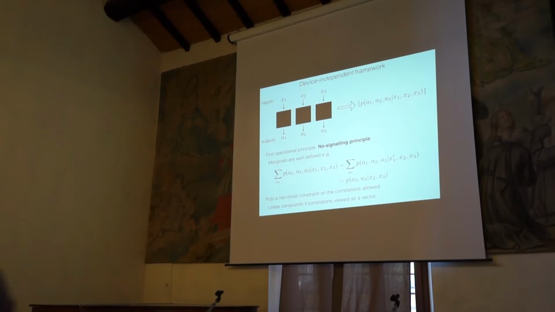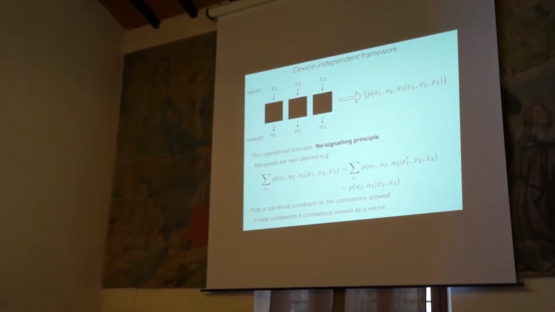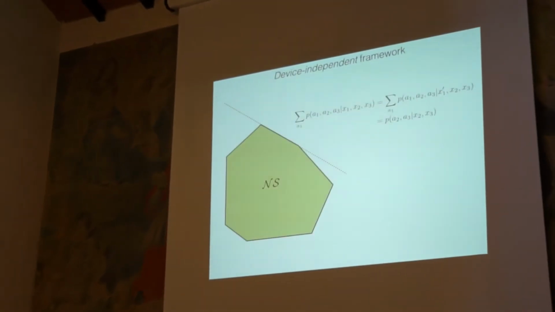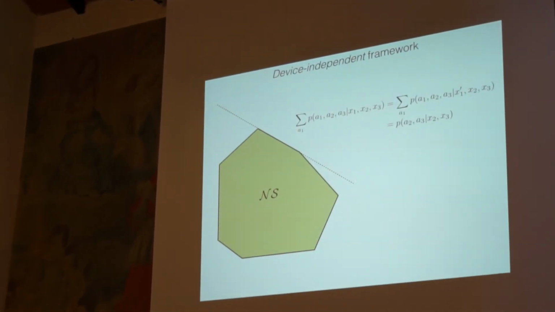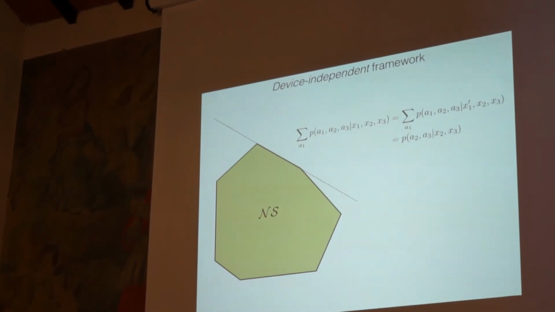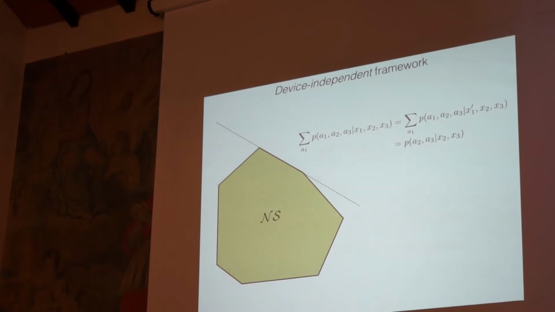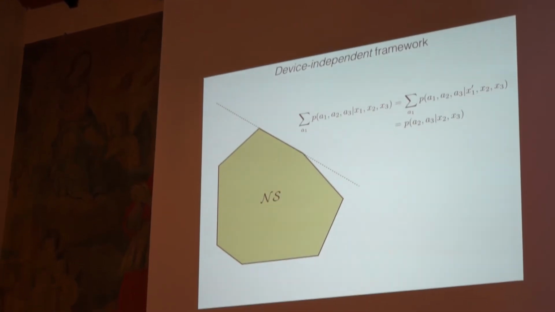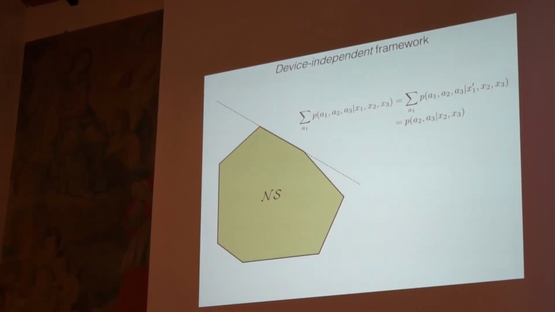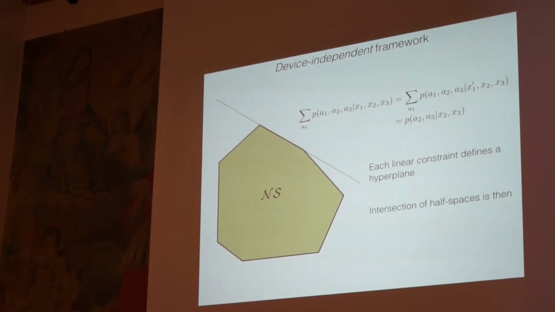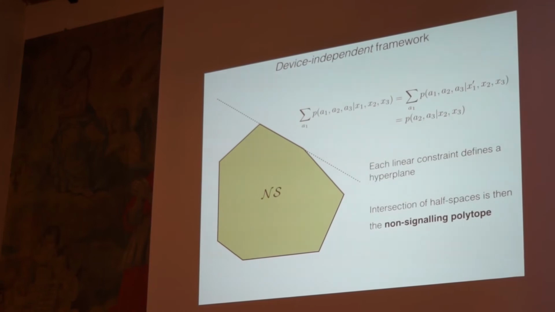And if I just view these correlations as entries of a vector, it just puts some linear constraints on this vector that lives in a real vector space. So then I can come up with, as Marcus mentioned, the non-signaling polytope, or the banana world polytope, which is just this polytope living in a real vector space, defined by these linear constraints. And these are just hyperplanes in this real vector space. And then the intersection of these half spaces is the non-signaling polytope.